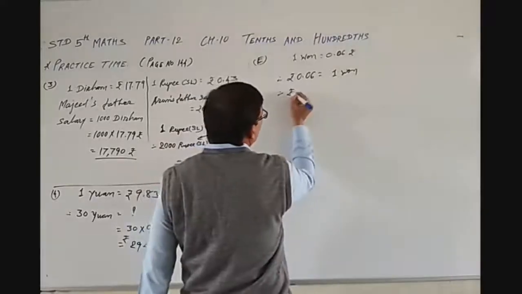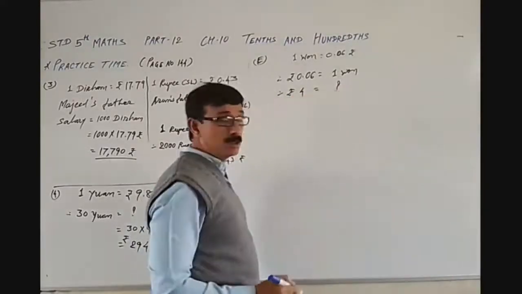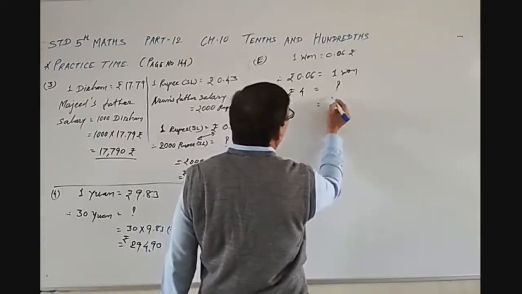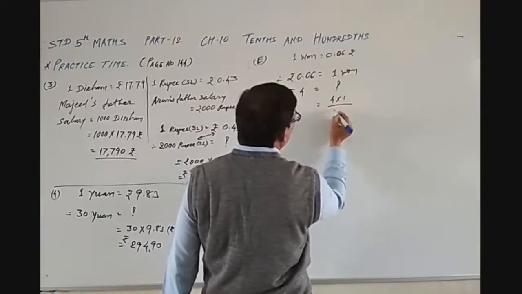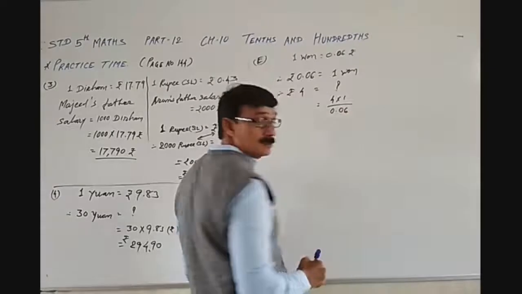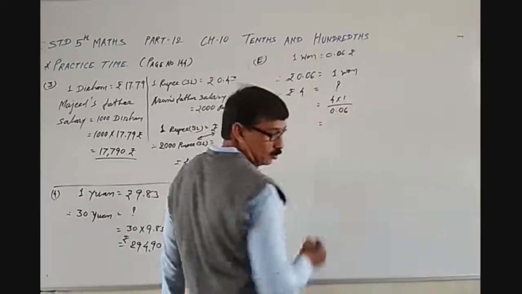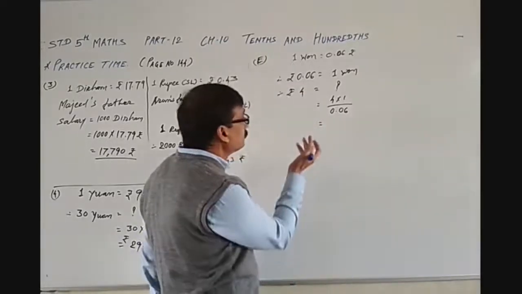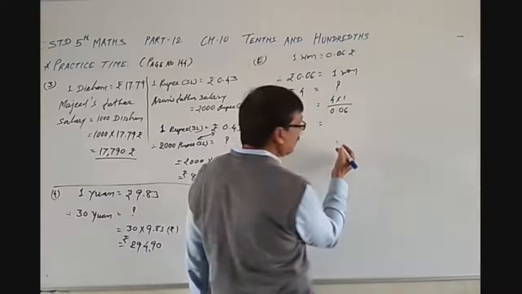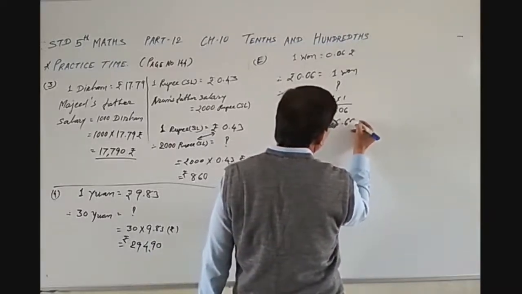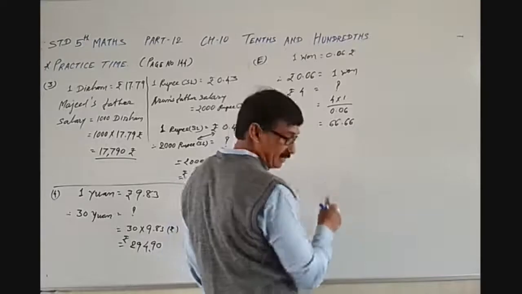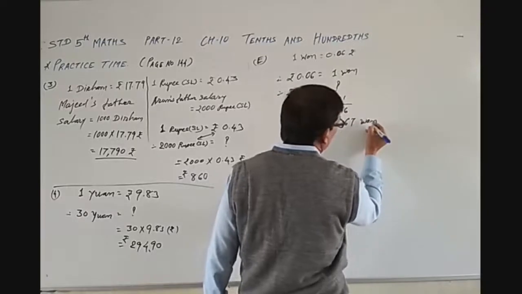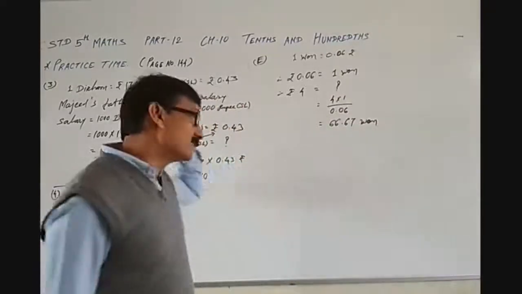Therefore, rupees 4 is equal to how many won? We have to multiply this and divide by this. 4 multiplied by 1 divided by 0.06 is equal to 66.67 won. Okay, this should be the answer.